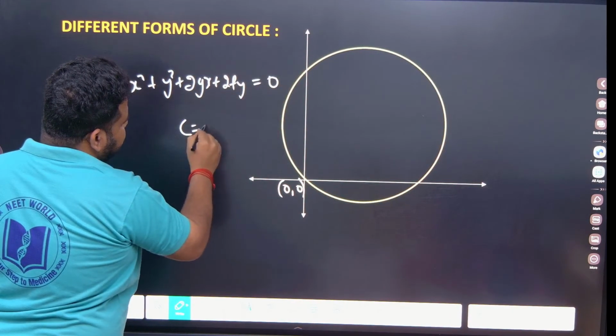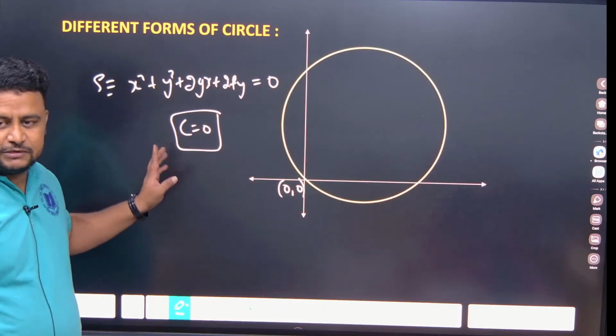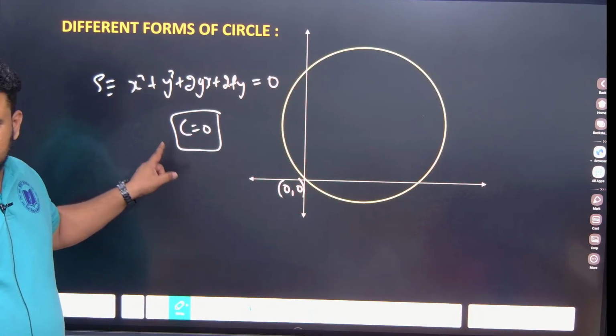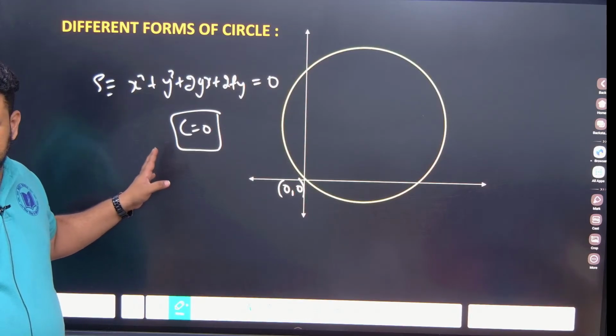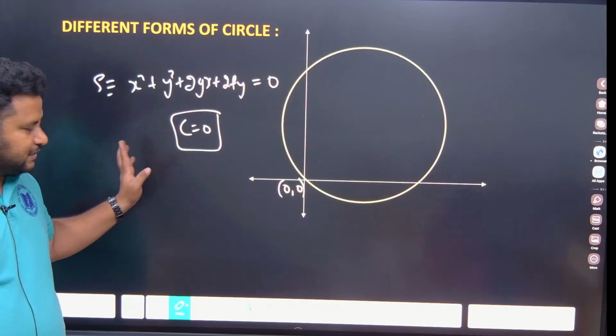That means the value of C will be equal to 0. You have to keep this in mind. There will not be any constant value. The value of C will be equal to 0.